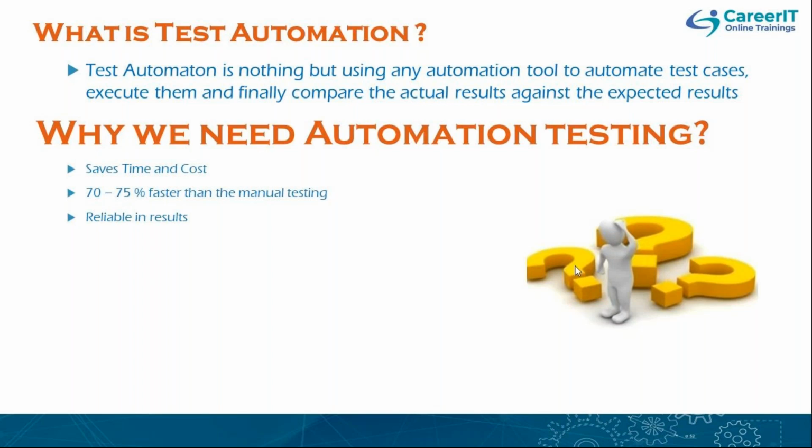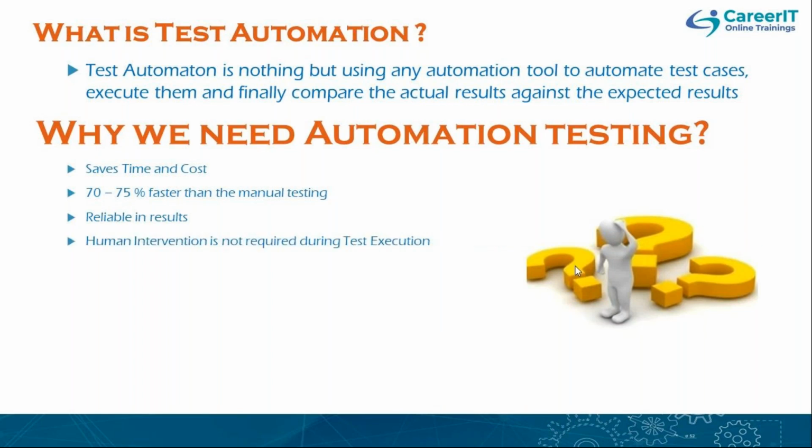In test automation, we can even capture a screenshot during the automation execution. We have an option to take a screenshot, so that whenever a test case fails, I can check the screenshot and get to know what the issue is. Okay, that's how the results we get from the automation will be more reliable.